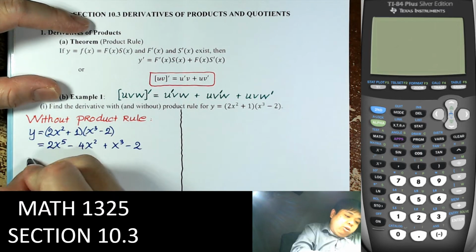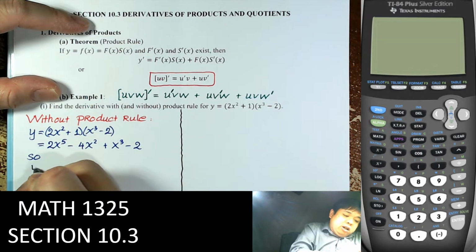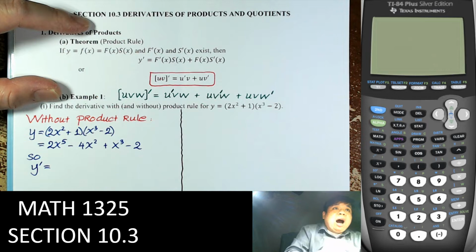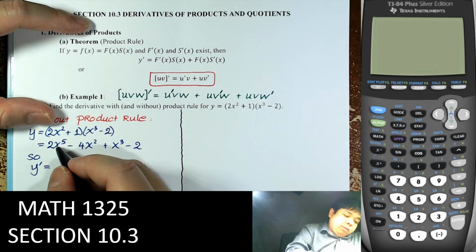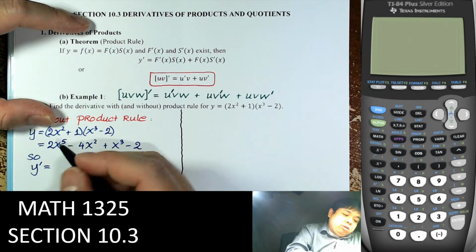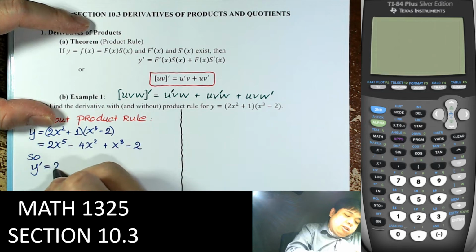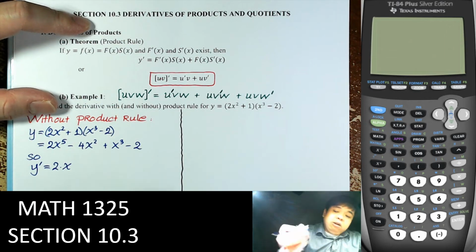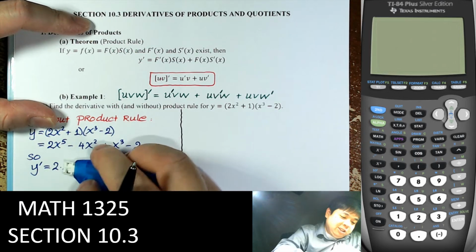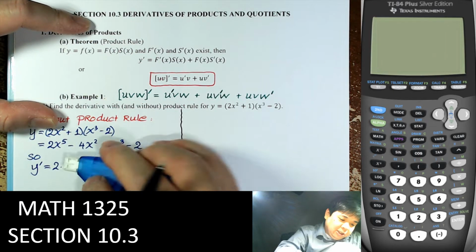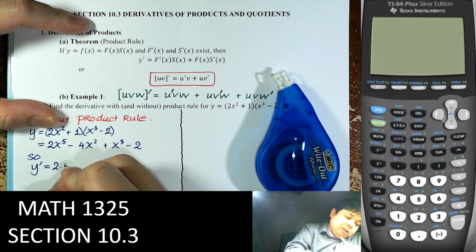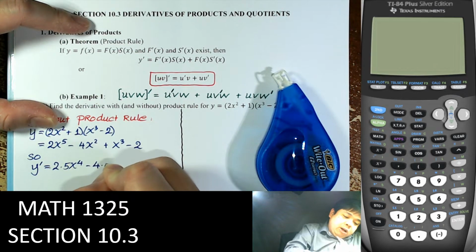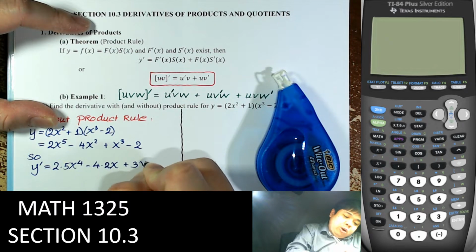And so taking the derivative just using the power rule gives us 5x to the fourth power times 2, minus 4 times 2x, plus 3x squared.